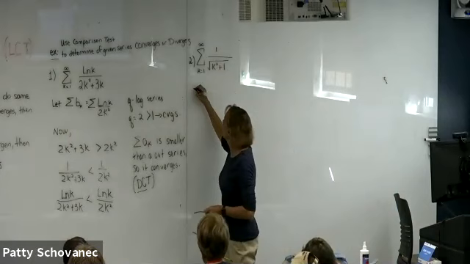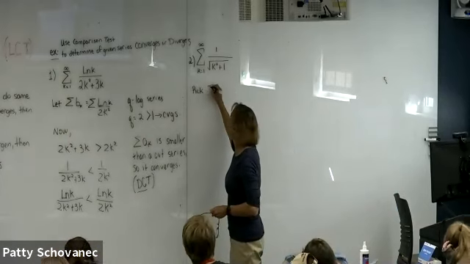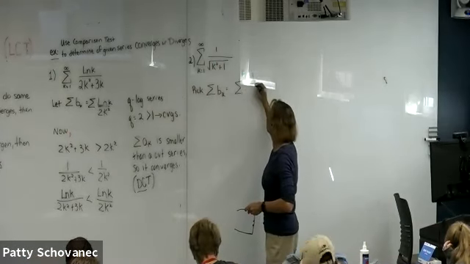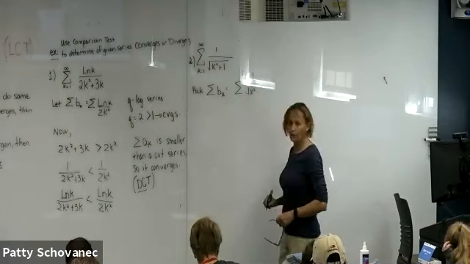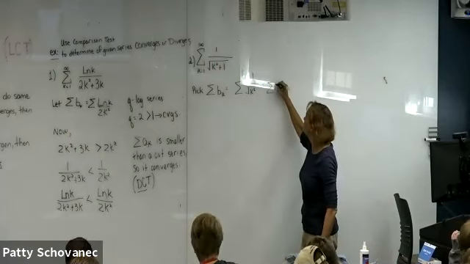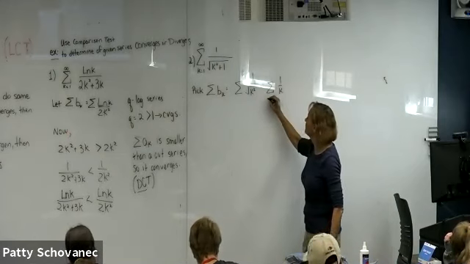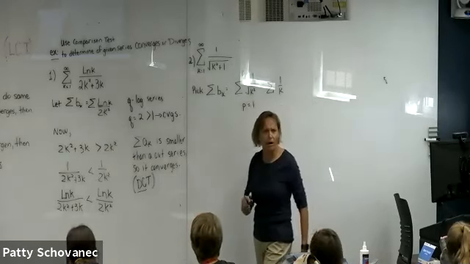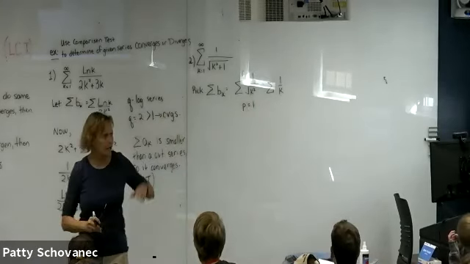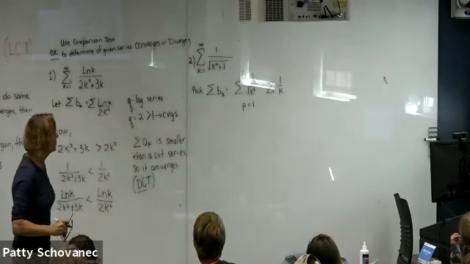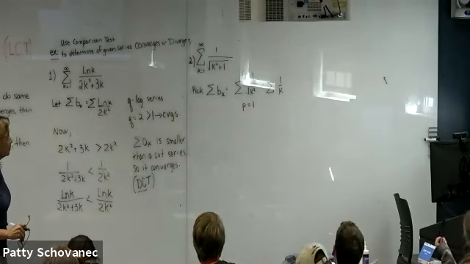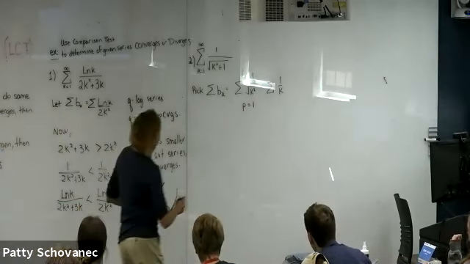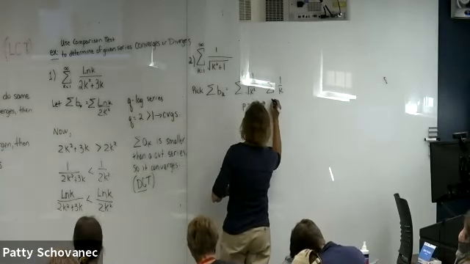Pick your b_k to be the square root of k squared, which is just our series 1 over k. The p series where p is equal to 1. That one's called the harmonic series. It's used a lot to describe things that bounce back and forth. But what do we know about the p series where p is equal to 1? Diverges. So my b_k's diverge.